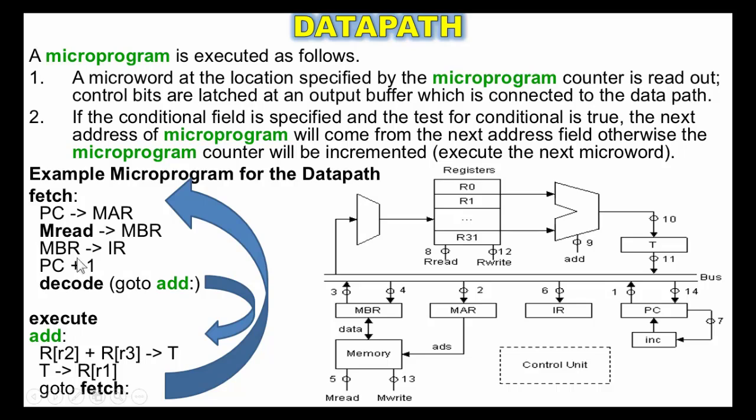Here is an example of a microprogram for the data path. Fetch. The program counter register will fetch the memory address register from the main memory. The memory read will fetch the memory buffer register, MBR.